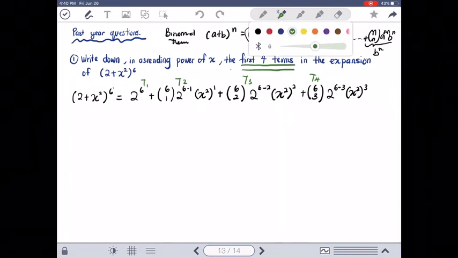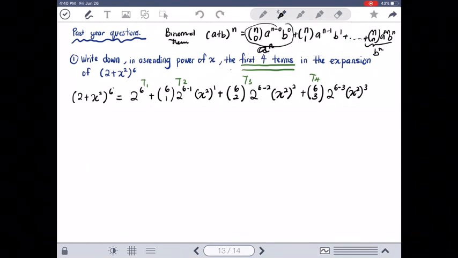Okay, so 2 to the power of 6 is just equal to 64, plus 6 times 2 to the power of 5 x squared, plus 15 times 2 to the power of 4 x to the power of 4.